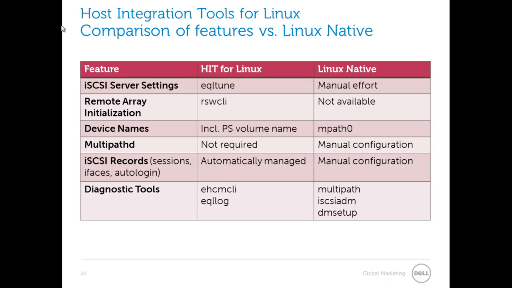Diagnostic tools. You would have to run the multipath, iscsiadm, and dmsetup commands to get the same information that you would get from a simple ehcmcli -d output. Linux native does not have an easy way to gather all the logs needed to do troubleshooting. HIT for Linux provides you with an EqualLogic command to do this.